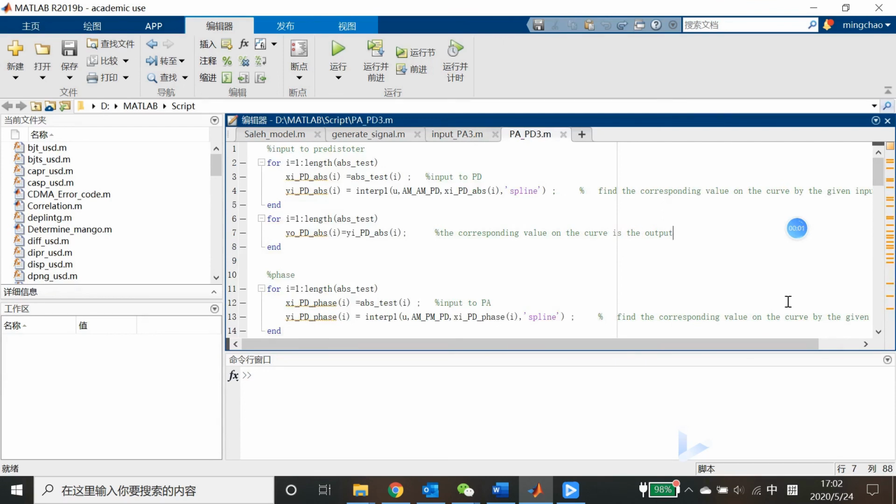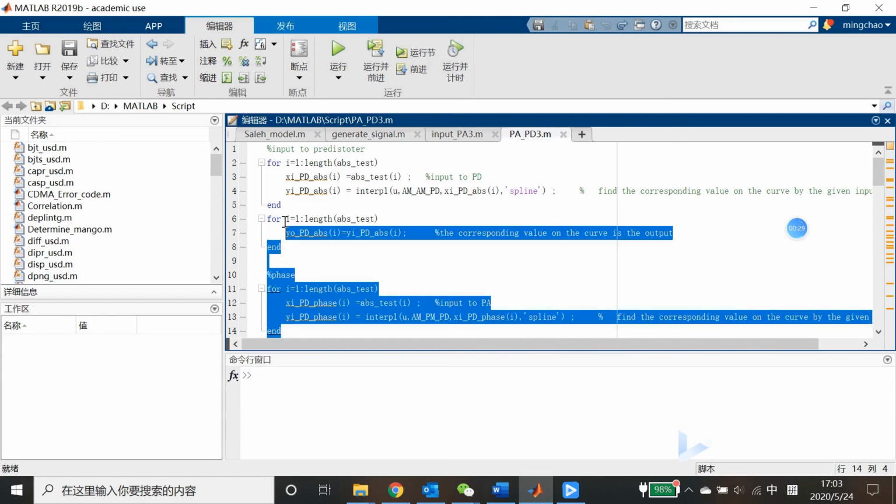In the previous script, the behavior of the power amplifier is simulated by two function blocks. And in this script, the behavior of the predistortion with power amplifier is simulated by four function blocks. The difference between the function blocks of the predistortion and the power amplifier is the parameter we used.